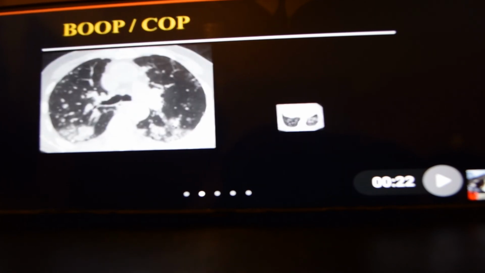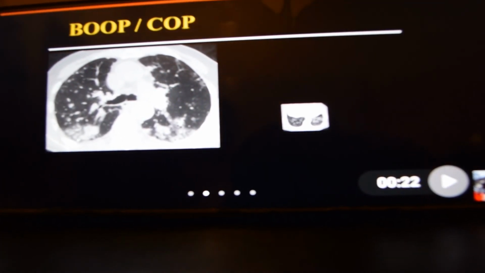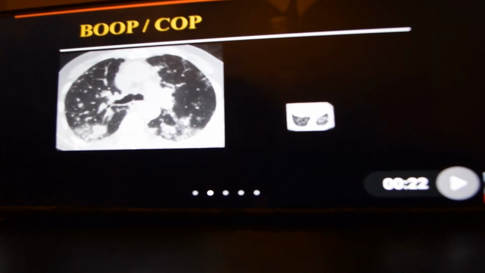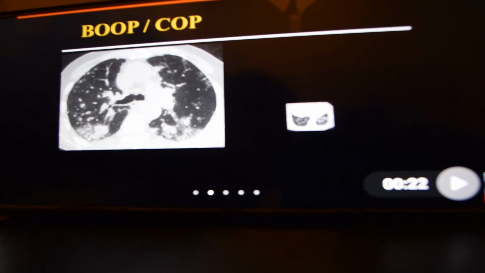This is bronchiolitis obliterans with organizing pneumonia, and you can see that there are basal ground glass haze with areas of septal thickening, some centrilobular nodules and some scattered nodules, and this is a classical HRCT for bronchiolitis obliterans with basal predilection of the ground glass haze and other abnormalities.